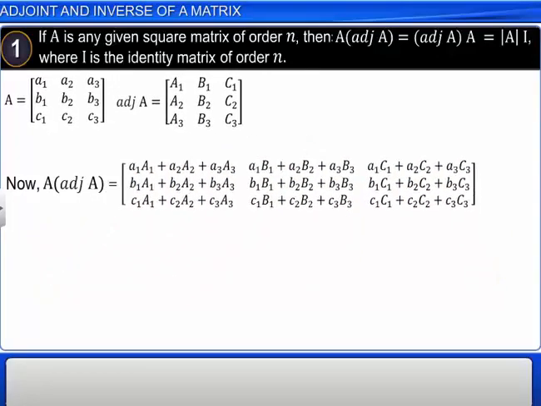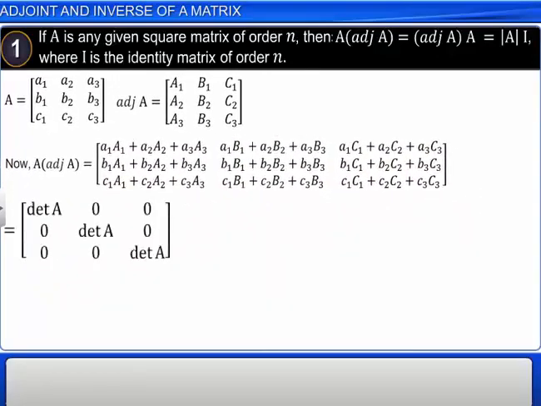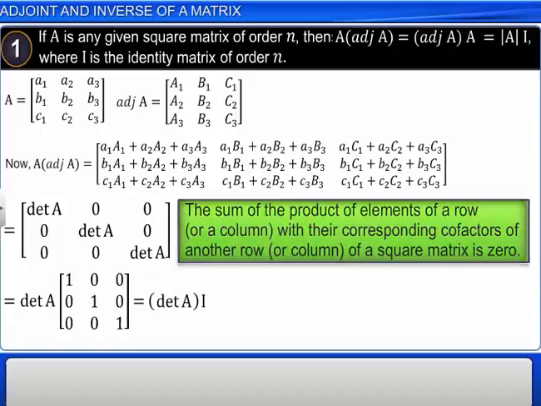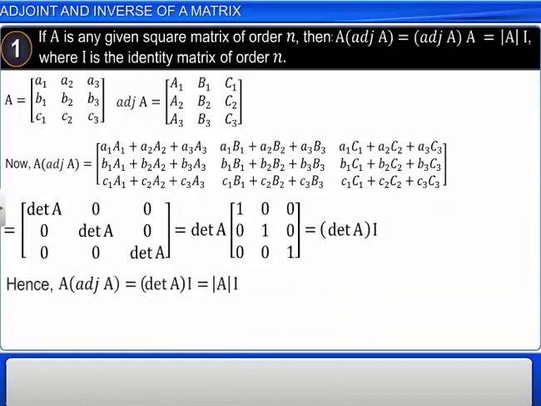This is equal to a diagonal matrix with each diagonal element equal to the determinant of A. This is because the sum of the product of the elements of a row or a column with the corresponding cofactors of another row or column of a square matrix is 0. Now, taking determinant of A common, we get determinant of A into I, where I is a 3x3 identity matrix. Hence, A into adjoint of A is equal to the determinant of A into the identity matrix.